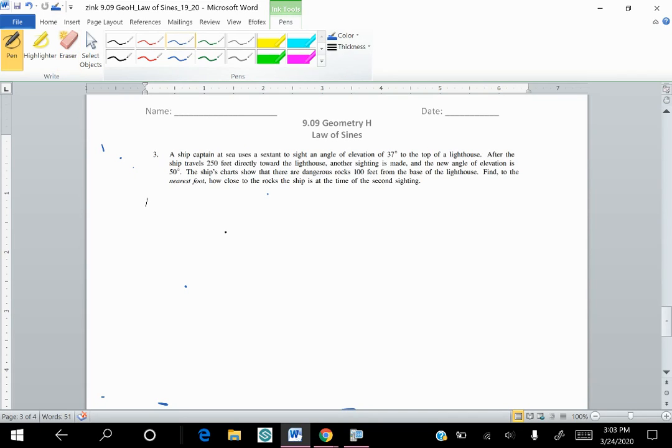All right, so we've got a ship captain at sea who uses a sextant to sight an angle of elevation of 37 degrees to the top of a lighthouse, after the ship travels 250 feet directly towards the lighthouse. So here's my lighthouse.